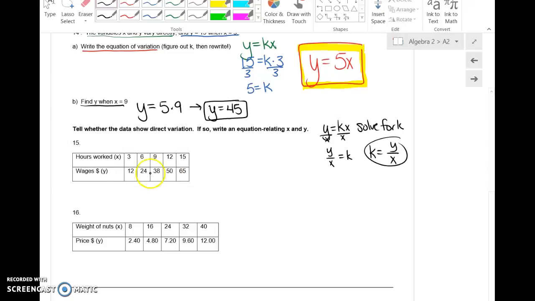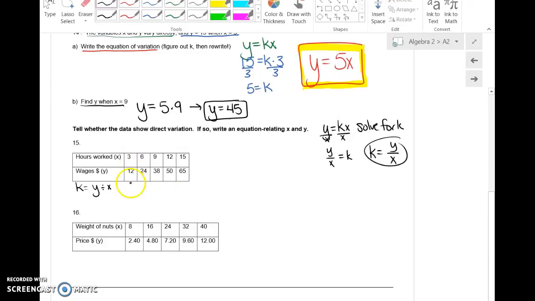So what we're going to do is figure out if we do y divided by x, do we get the same number every time? If we get the same number every time, then k is a constant number. Yes, it's direct variation. If we don't get the same number every time, it's not direct variation.